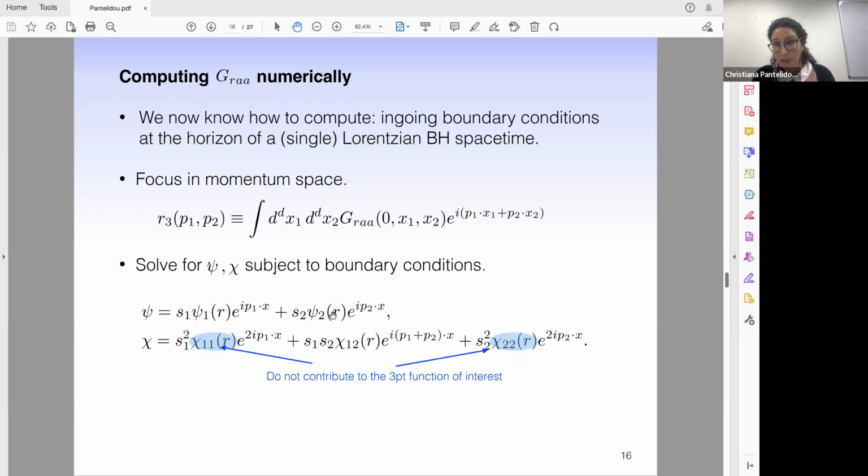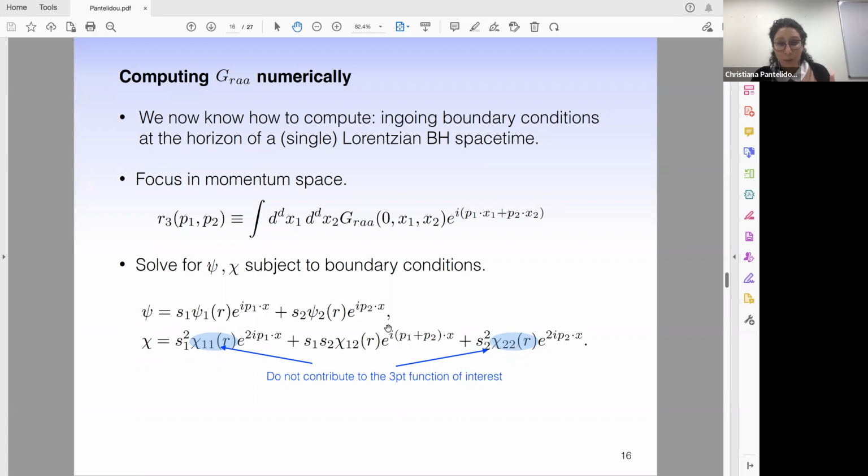Now, if you have this at order epsilon, then this will source the scalar field chi at order 2. In particular, you'll have three modes now. You'll have one mode, chi11, that carries momentum 2 p1. You'll have another mode, chi22, which carries momentum 2 p2.